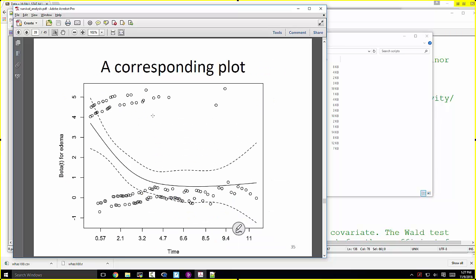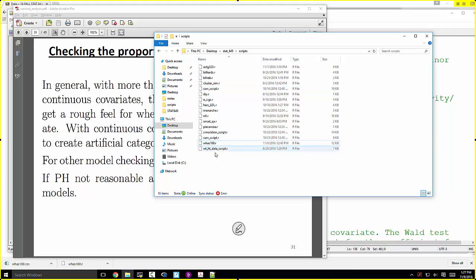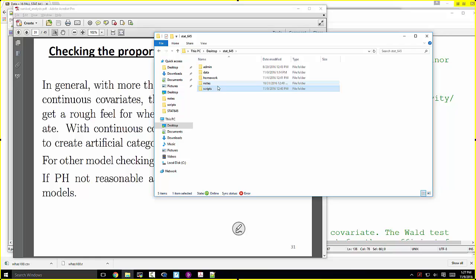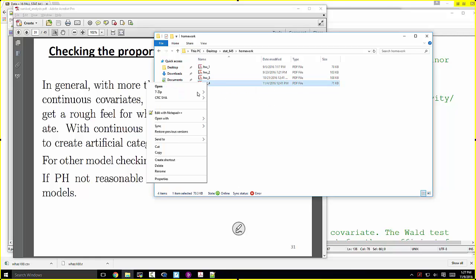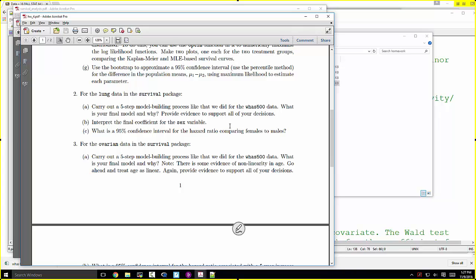Okay, I think we'll quit there. And next time I want to show you that WHAS 500 script, because I'm referring to it in the homework. The last two problems in the homework, I'm asking you to go through a kind of step-by-step model building process.